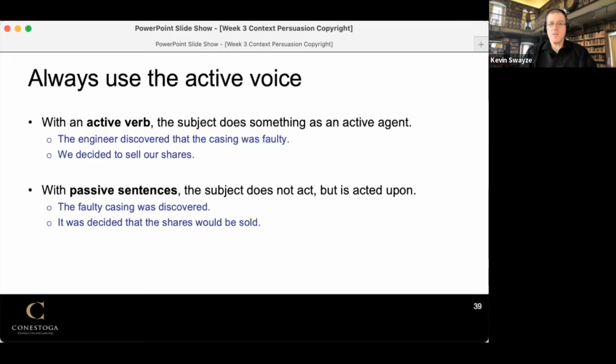My preference in business writing culture is put something into motion. Don't talk about it in the past. So what's preferred is we decided to sell our shares. That shortens the sentence. It's more direct, and it's an action happening.